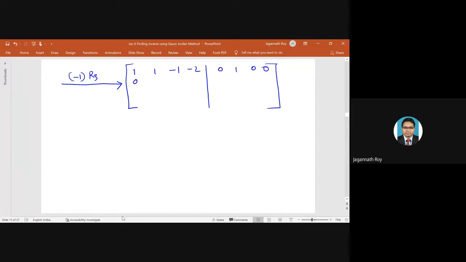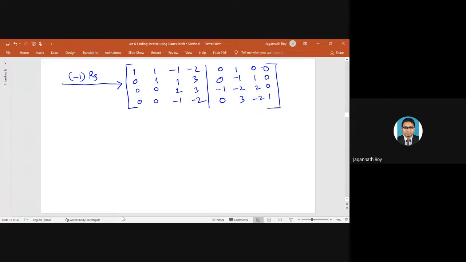Then it is 0, 1, 1, 3, 0, minus 1, 1, 0. Similarly, we have 0, 0, 1, 3, minus 1, minus 2, 2, 0, then 0, 0, minus 1, minus 2, 0, 3, minus 2, 1. So that's what we have so far.